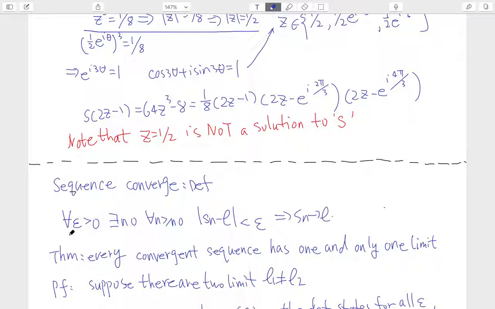It says, for all epsilon greater than 0, there exists an n0, such that for all n greater or equal to n0, the absolute value of Sn minus L is less than epsilon. If the above condition is satisfied, we say that Sn converges to L. This is the definition of sequence convergence.